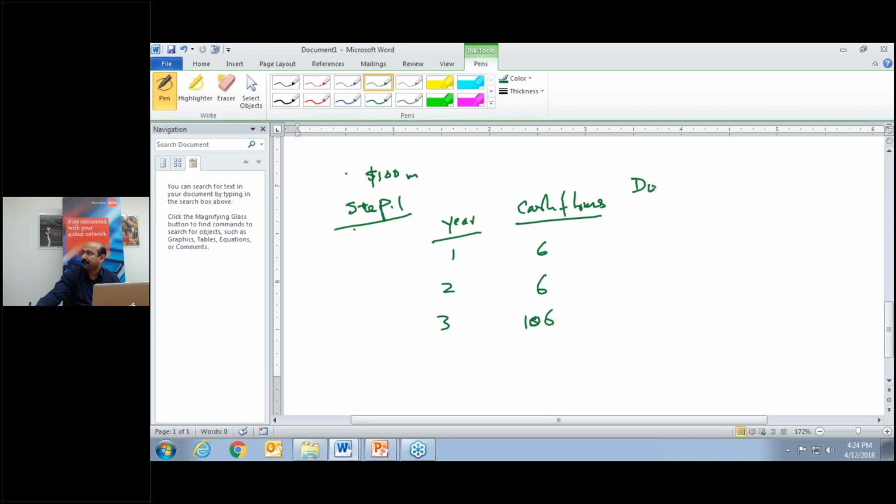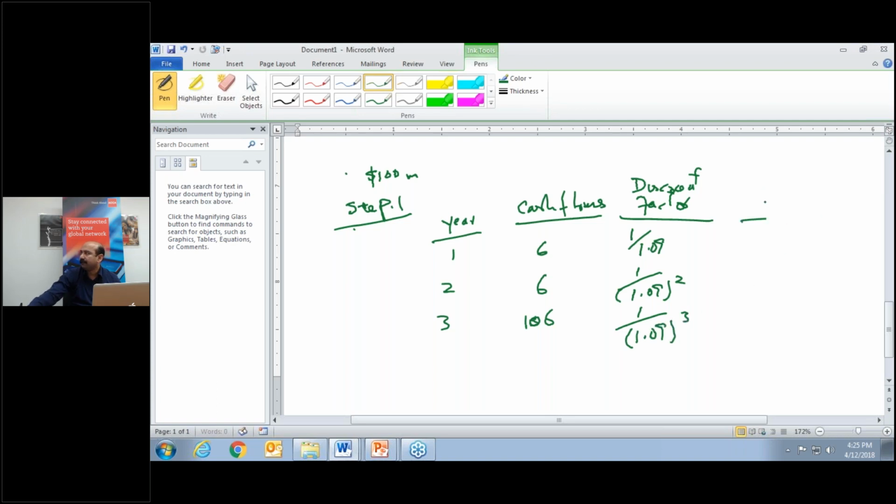Our discount factor will be based on the effective interest rate, and in this case, the effective interest rate is, as given here, 9%. So 1.09. Second year, 1.09 raised to power 2. And third year, 1.09 raised to power 3.